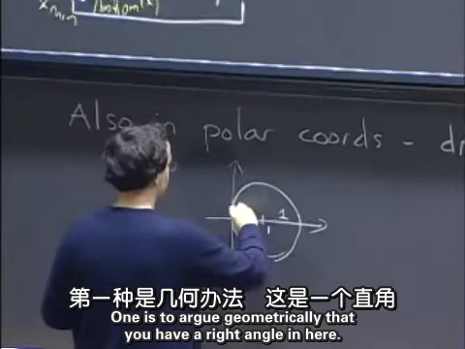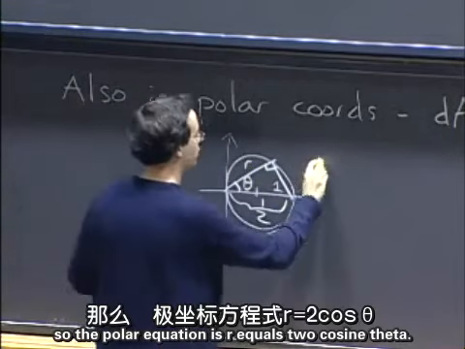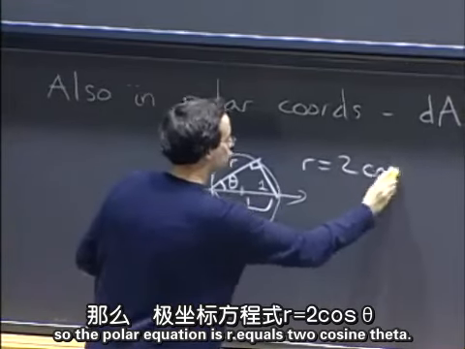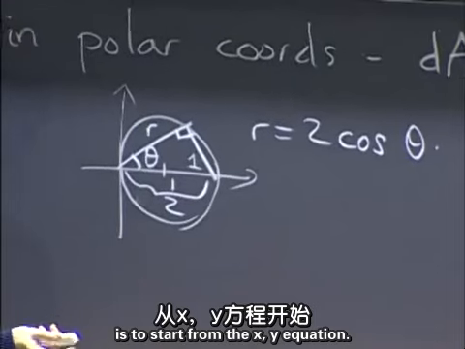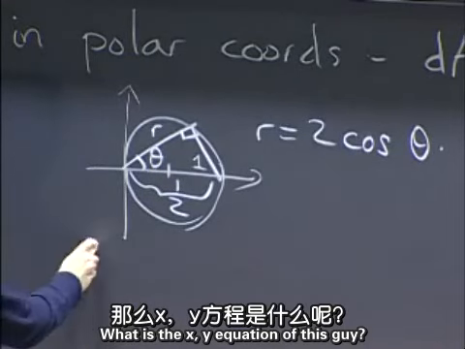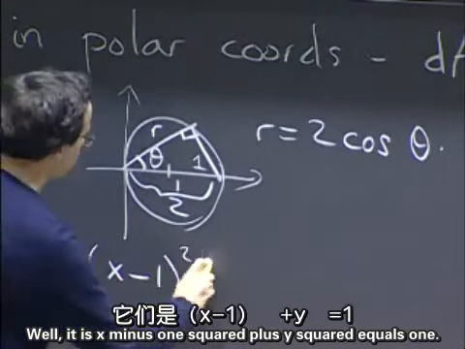One is to argue geometrically that you have a right angle in here, and this length is 2, this angle is theta, this length is r, so the polar equation is r equals 2 cosine theta. The other way to do it, if somehow you're missing the geometric trick, is to start from the xy equation. What's the xy equation of this guy? Well, it's (x minus 1) squared plus y squared equals 1.